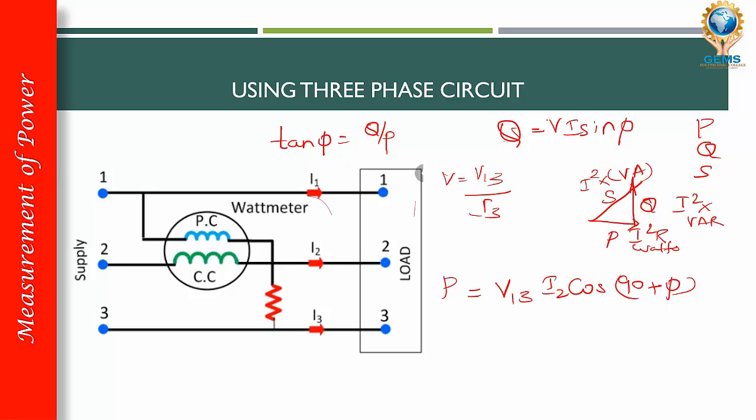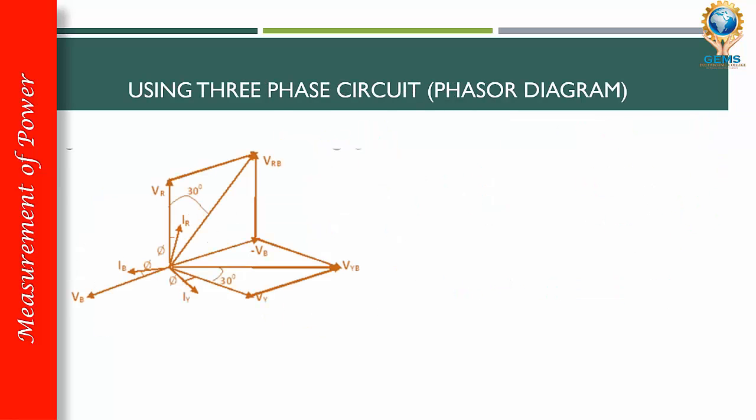So we can see the phasor diagram. We can see there is a phase angle difference of 90 degrees plus phi. So this portion is 90 plus phi. It is between V13 and V3.